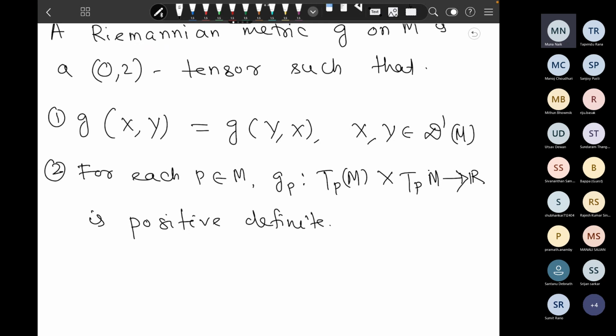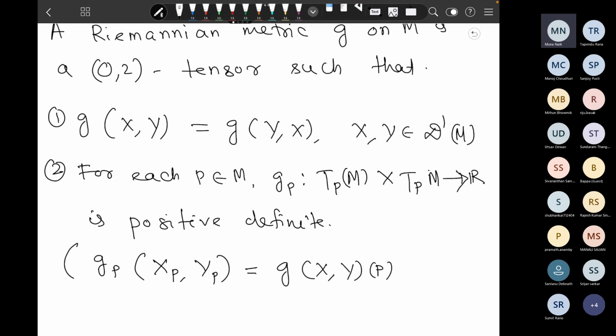So what is the meaning of GP? How is GP defined? GP of Xp, Yp: if X is a vector field, then Xp belongs to the tangent space, and by definition GP of Xp, Yp is defined as g of XY at p.